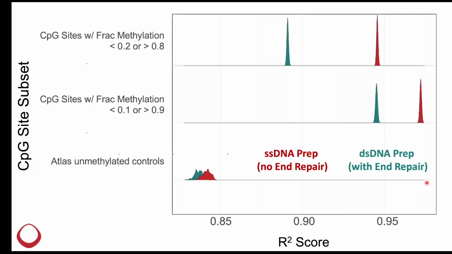Importantly, this difference largely disappears in the unmethylated control set, indicating that the performance differences that we see are concentrated in these methylated regions. So in other words, to sum this up, the distribution of methylation profiles that we saw earlier doesn't just change the shape of the data, it directly affects how well the data interprets cell-free DNA biology.